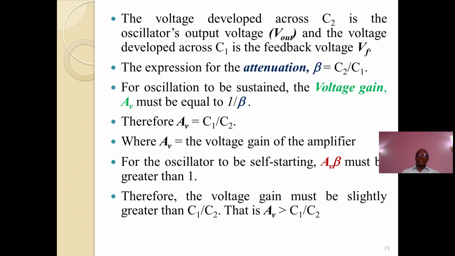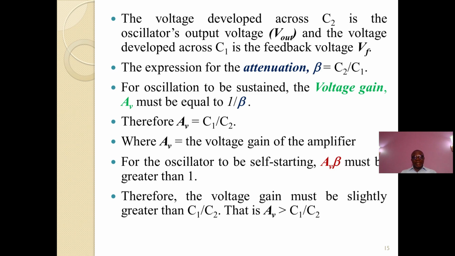So 1 over C2 over C1 automatically inverts to C1 over C2. That is why we say that at that point our AV is equal to C1 over C2, where AV is the voltage gain of the amplifier.